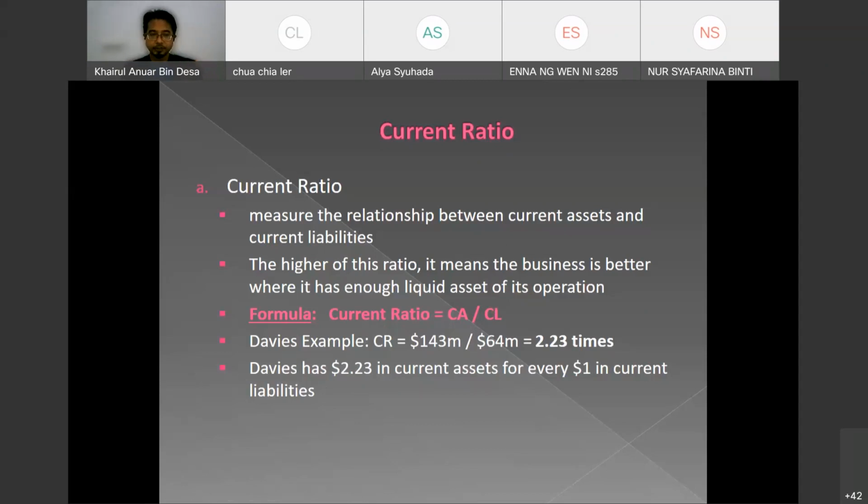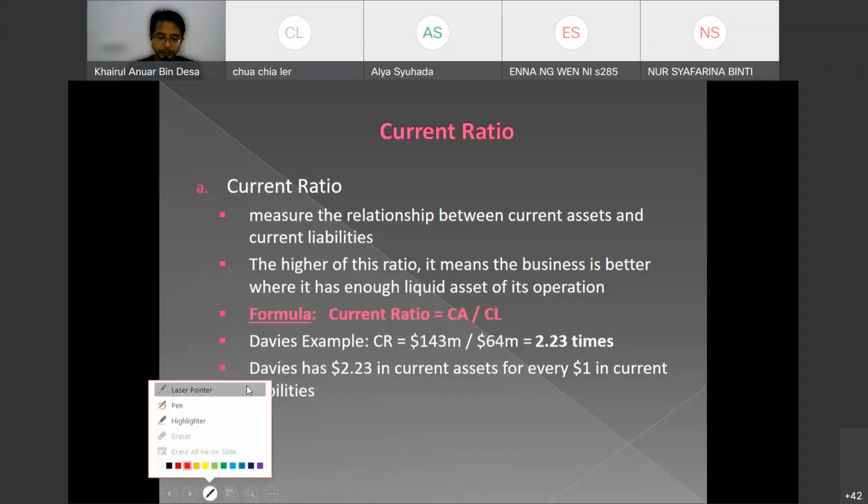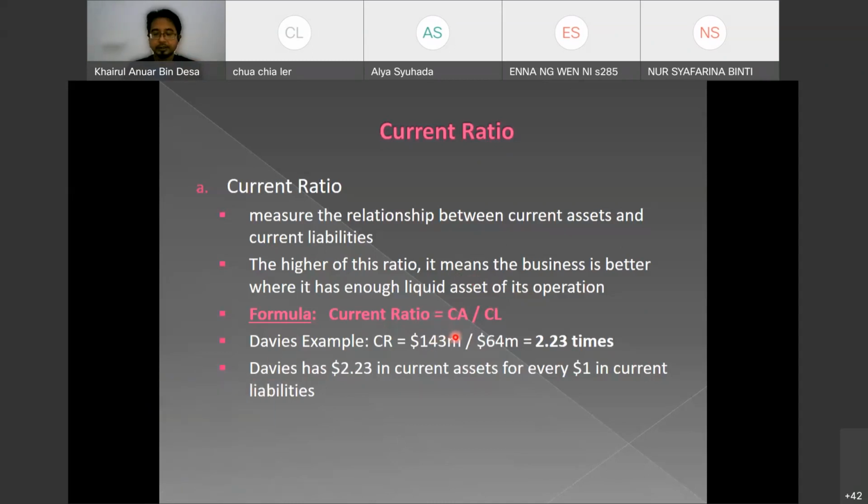So from the example given, current asset here is 143, and current liability is 64, and the current ratio is 2.23 times.